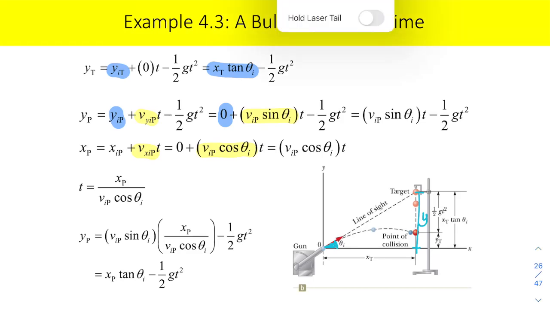Rearrange the equation and you will have t as your unknown. This t is substituted into the y formula. You will have this equation with xp, and this is your t.